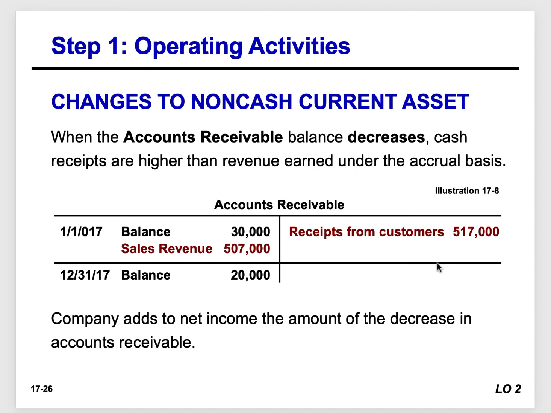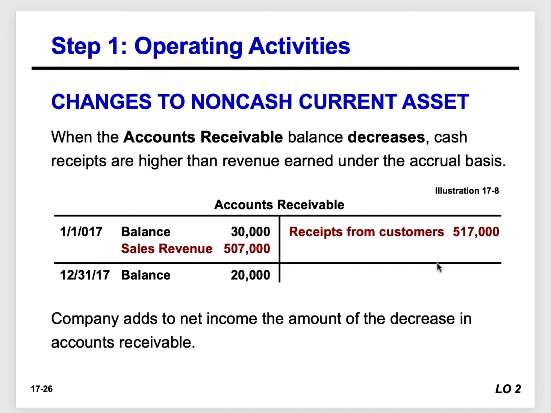So then we have to look at any changes to non-cash current assets, right? We're going to look at our accounts receivable, right? Now this is key. When the accounts receivable balance decreases, cash receipts are higher than the revenue earned. That's under the accrual basis, okay?